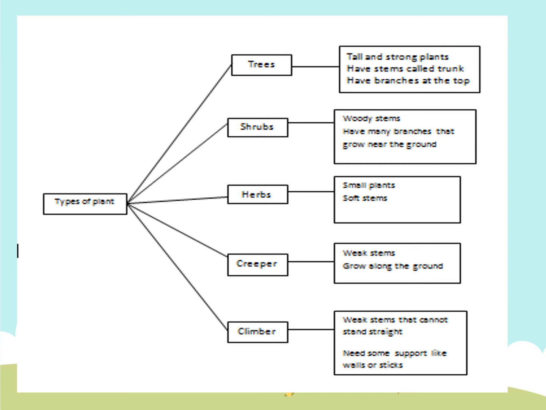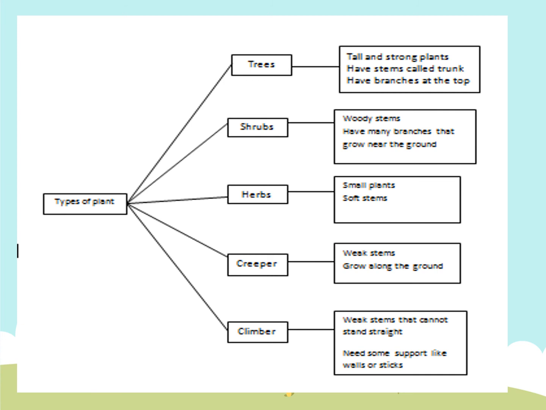Herbs. Herbs are small plants with soft stems. Example spinach, grass, coriander, fenugreek. Creepers. Creepers are weak stems, grow along the ground.